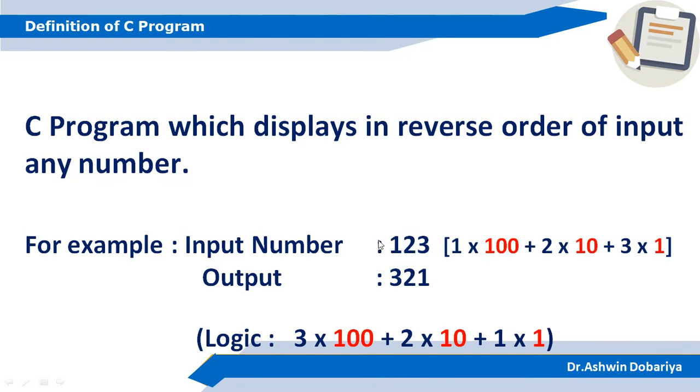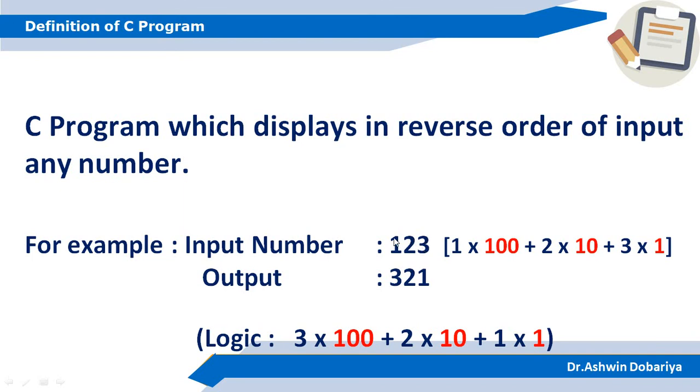Similarly, if there is a fourth digit, for example 5, it will be multiplied by 1000, then 10,000, then lakh, then 10 lakh, like this. So 3 multiplied by 1 is 3, then 2 multiplied by 10 is 20, and 1 multiplied by 100 is 100. Ultimately, if you calculate the sum, it becomes 123.